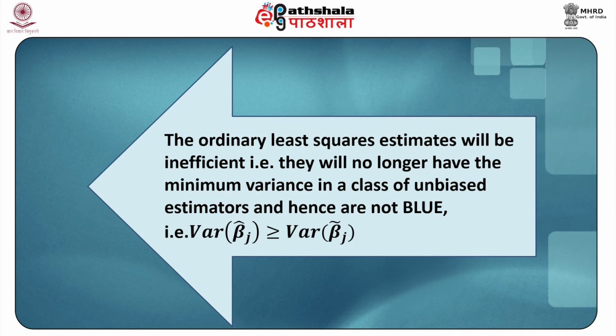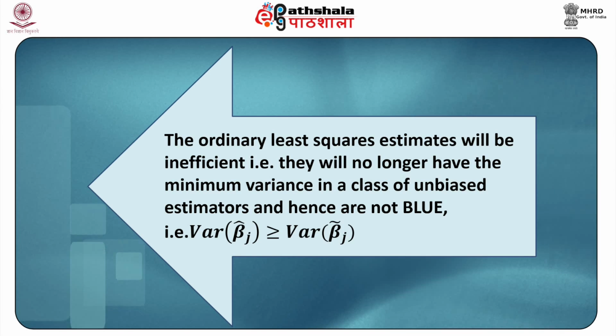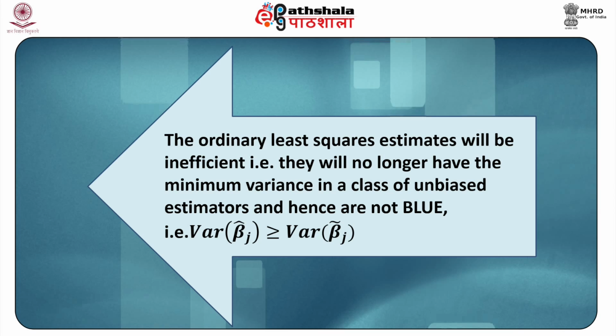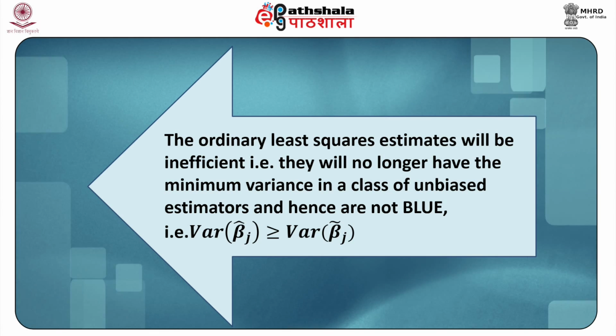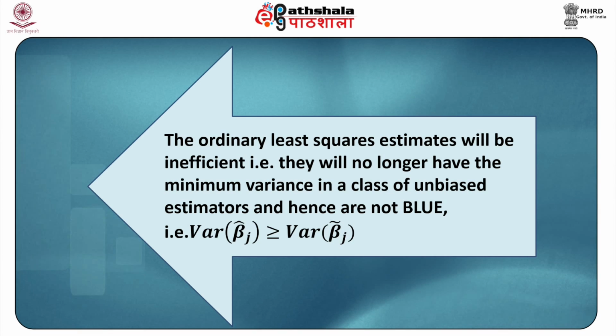They will no longer have the minimum variance in a class of unbiased estimators and hence are not BLUE, which means variance of beta j hat is greater than or equal to variance of beta j tilde, where beta j hat is the OLS estimator that ignores heteroscedasticity and beta j tilde is another linear unbiased estimator that explicitly takes heteroscedasticity into account.